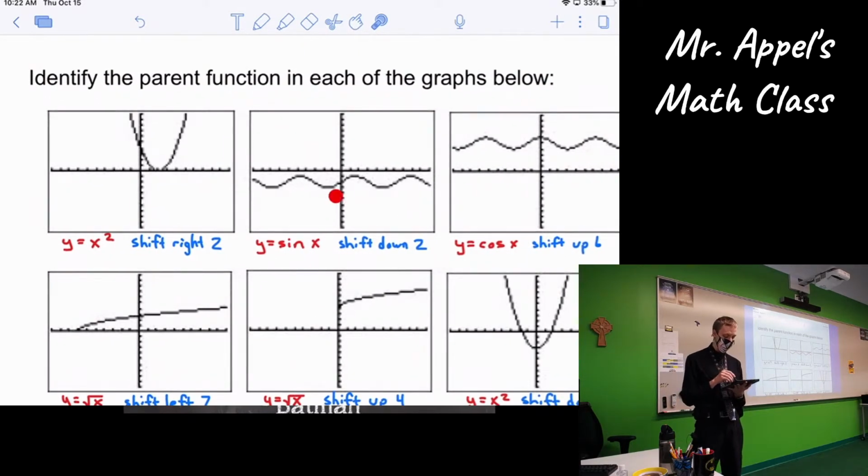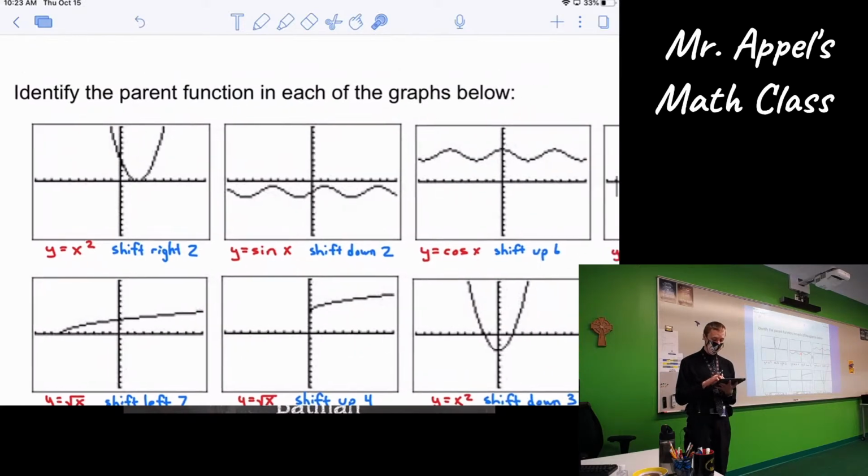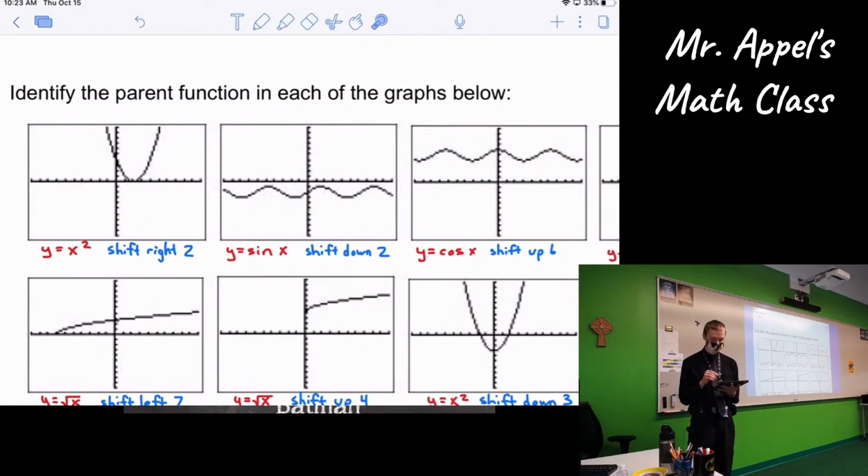All right, next up, this is a sine function. We'll do trig functions in depth next semester, but sines start generally in the middle. That's how I know this one is a sine, versus this guy is a cosine because it starts at the top of the hill.